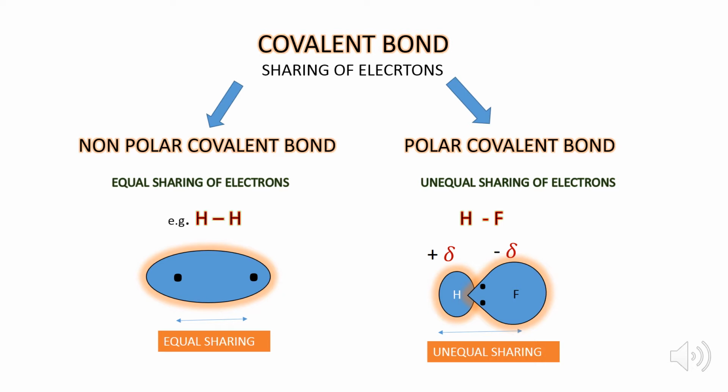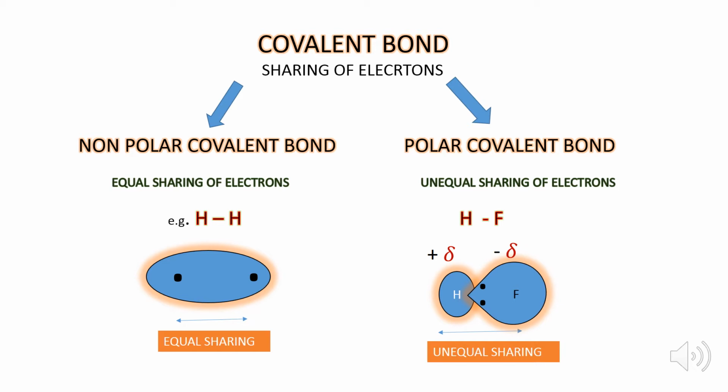Look here, in case of a non-polar covalent bond, here is an example of a hydrogen molecule. Here the two electrons are equally shared between the two hydrogen atoms. Whereas in case of the polar covalent bond, here is an example of hydrogen fluoride. We know that fluorine is the most electronegative atom of the periodic table.